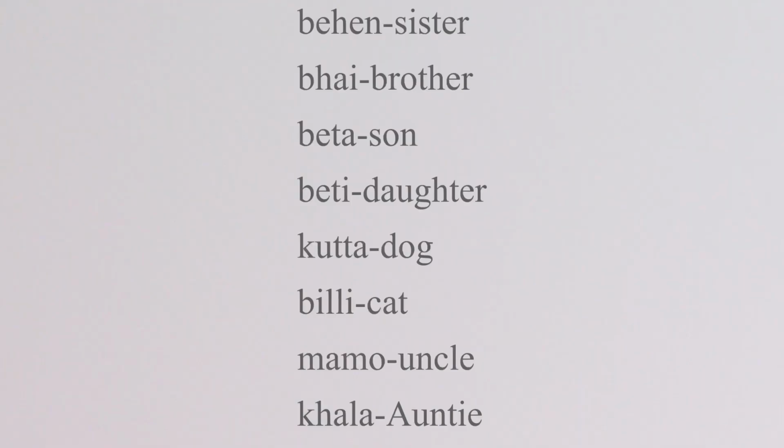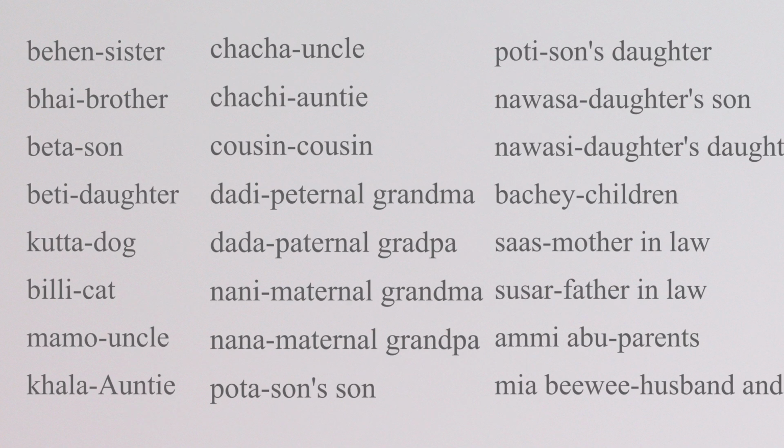Hamare 2 bachche hain aur mere 2 bachche hain. I have 2 children. Mera ek bachcha hai aur mera ek beta hai. I have one son. Meri ek beti hai. I have one daughter. Here's the list of possession that you can use this construction with.